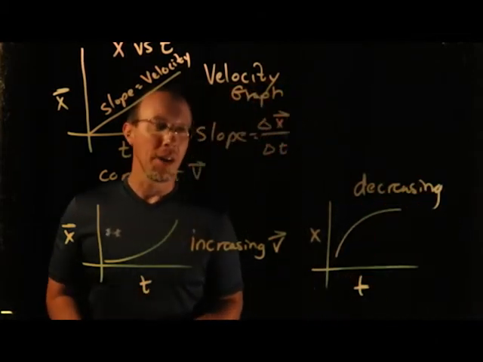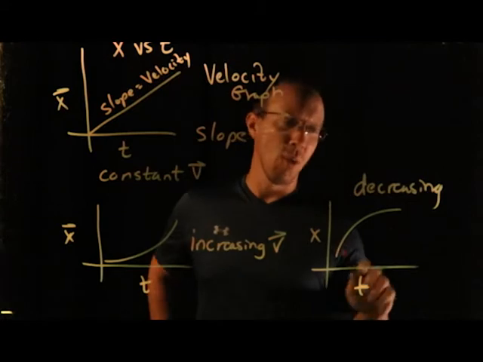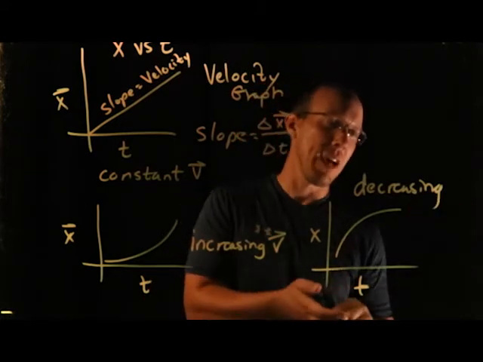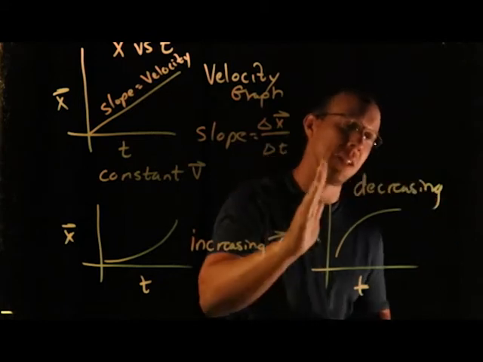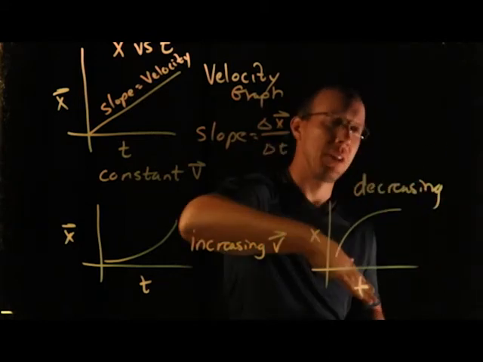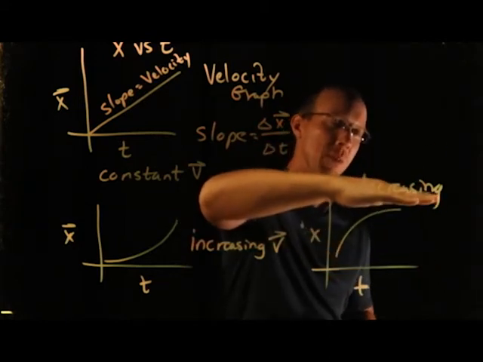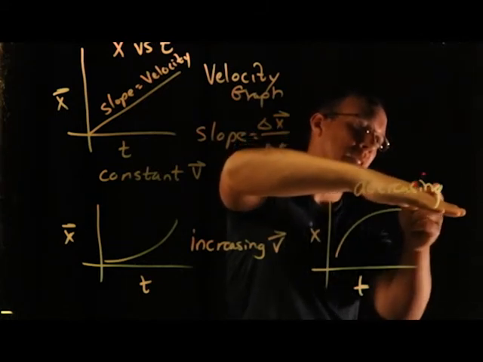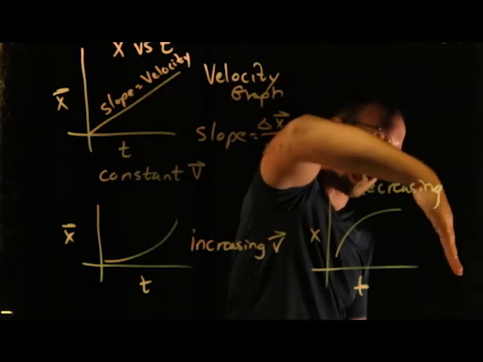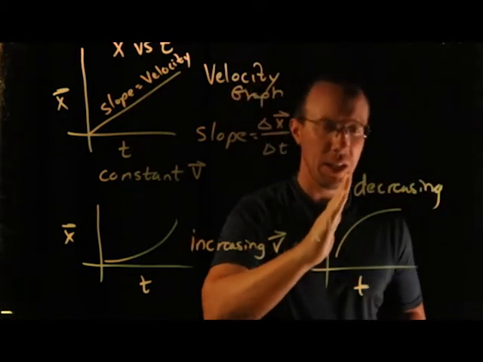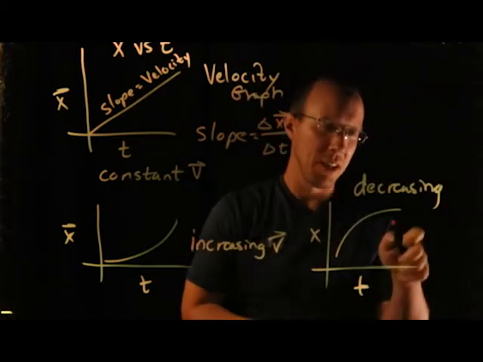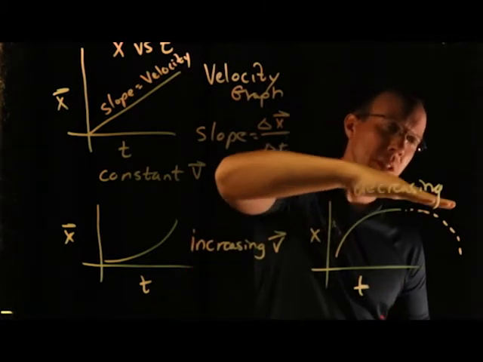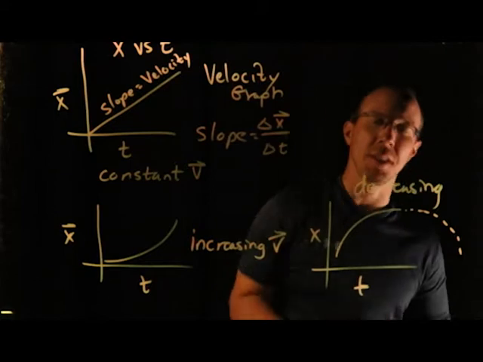Now you'd have to think for yourself what happens if, let's say, it goes down the other side, like it went all the way around. At the top the slope would be 0, we wouldn't be moving, and then as it goes this way, our slope goes from low slope to high slope. So this would be decreasing, decreasing, decreasing, stop, increasing, increasing, increasing.